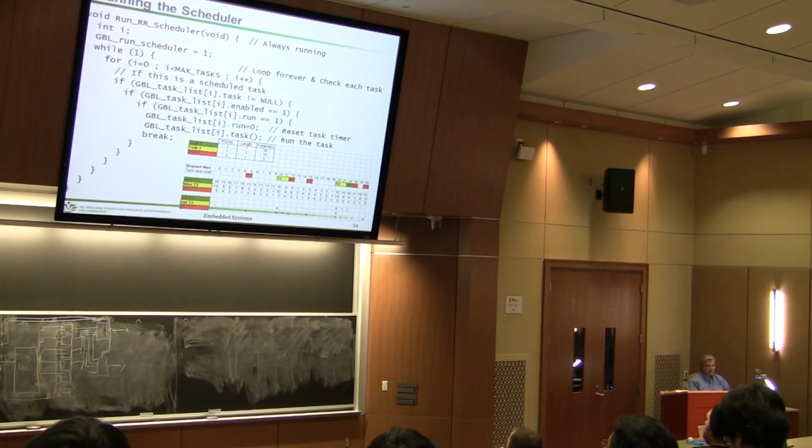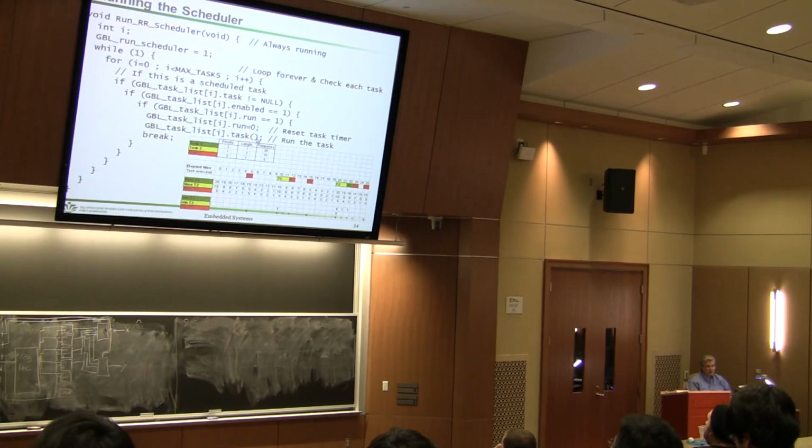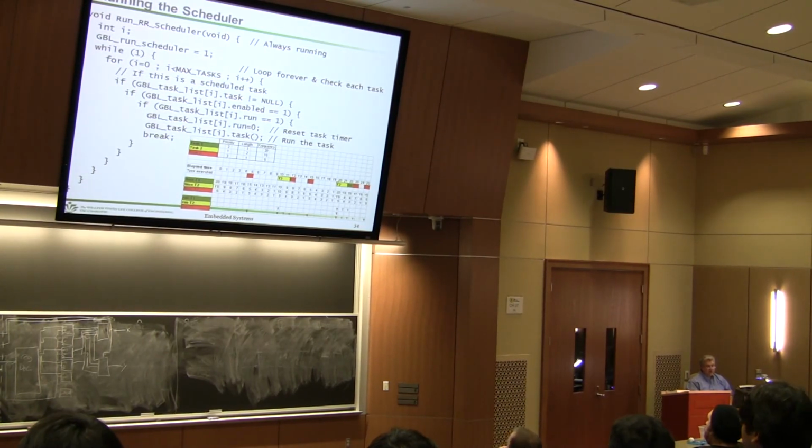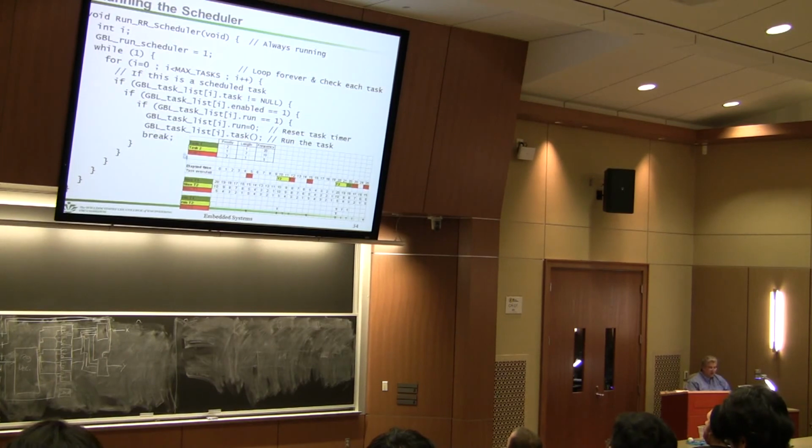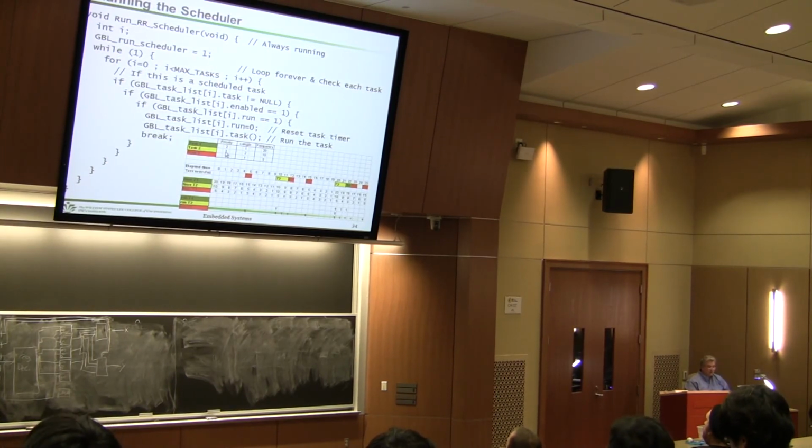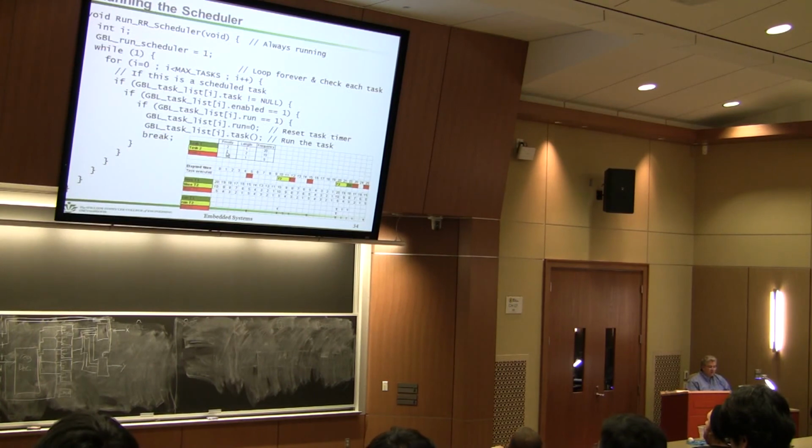So what this tells you is that once, for example, task 1 completes running, or whatever the highest priority one, let's see, what's the priority? First priority is task 2, then task 1, then task 3.